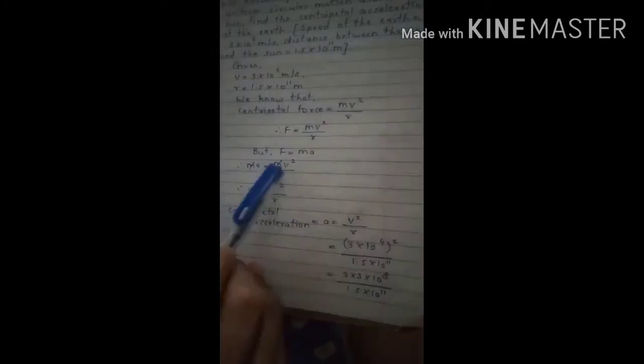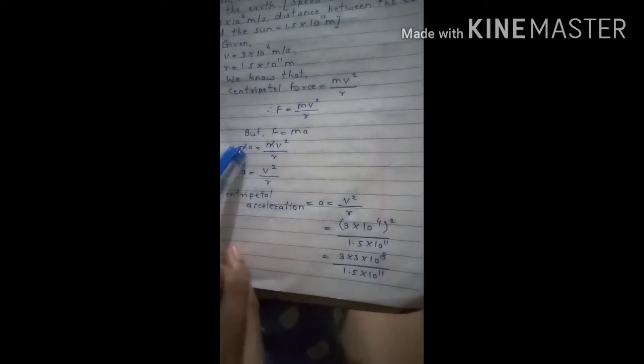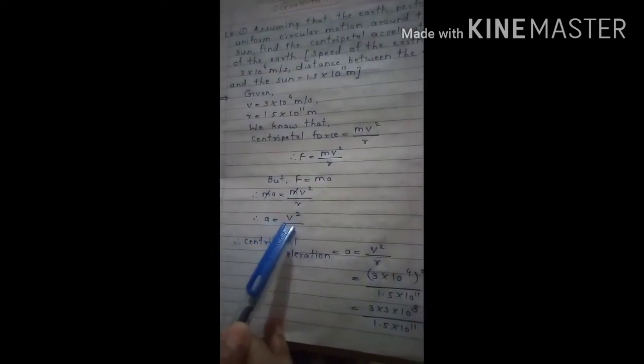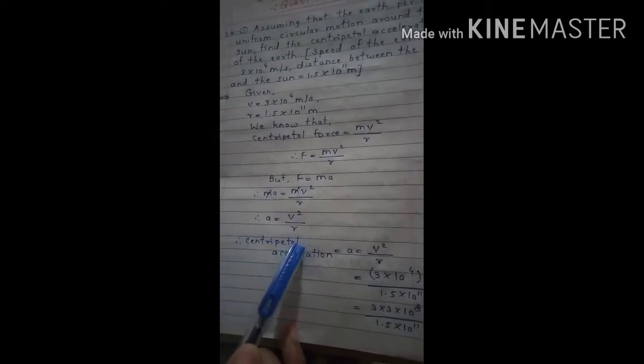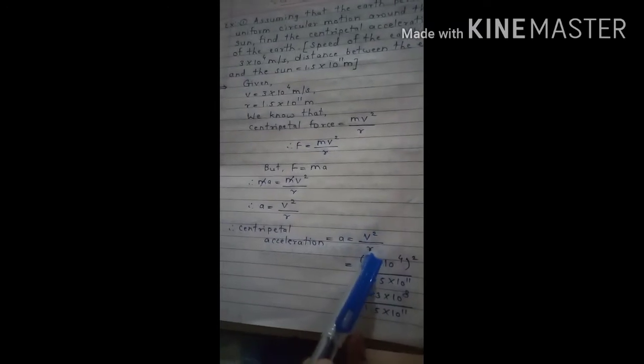Therefore m into a is equal to mv square upon r. So here left hand side is m and right hand side is m, it will cancel. So we will get a is equal to v square upon r. Therefore centripetal acceleration, that is a, is equal to v square upon r.